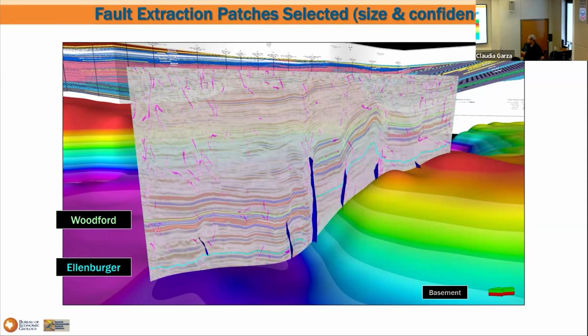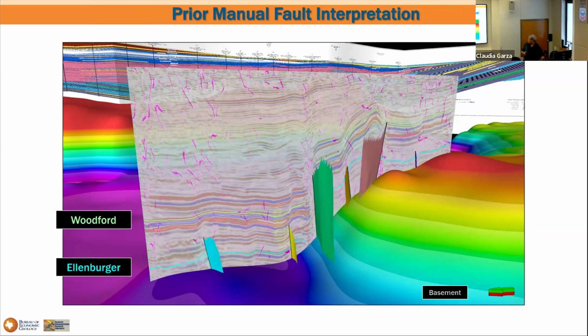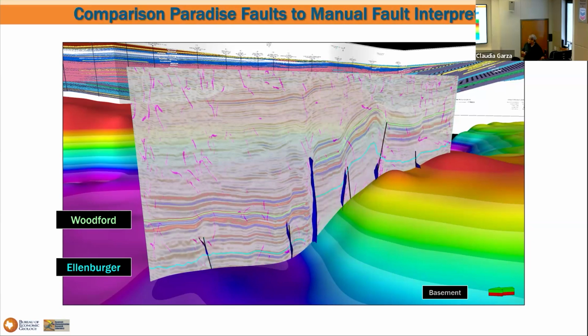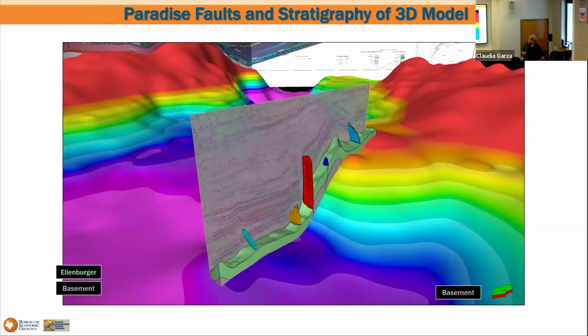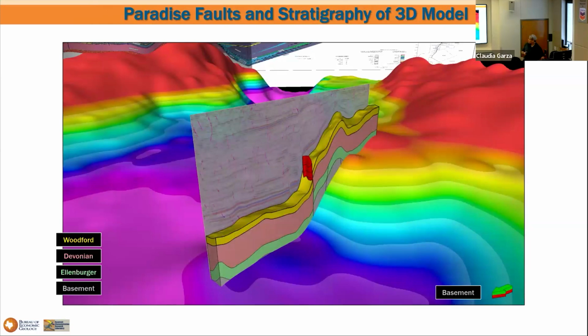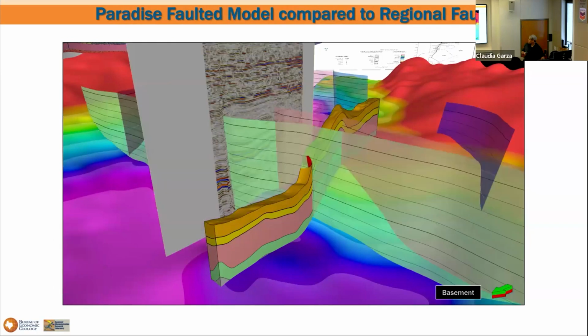It basically proved to me that the software is able to interpret all of the critical faults rooted in the basement automatically and a lot faster than what I had to do using the manual fault interpretation. Because now I could take the software's faults, integrate them into my actual three-dimensional model, start building a layer model, and then create a three-dimensional volumetric model of this section of the southern Delaware Basin.